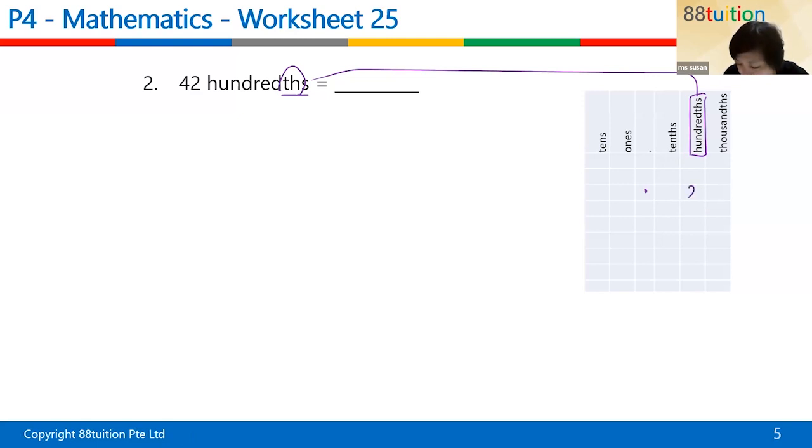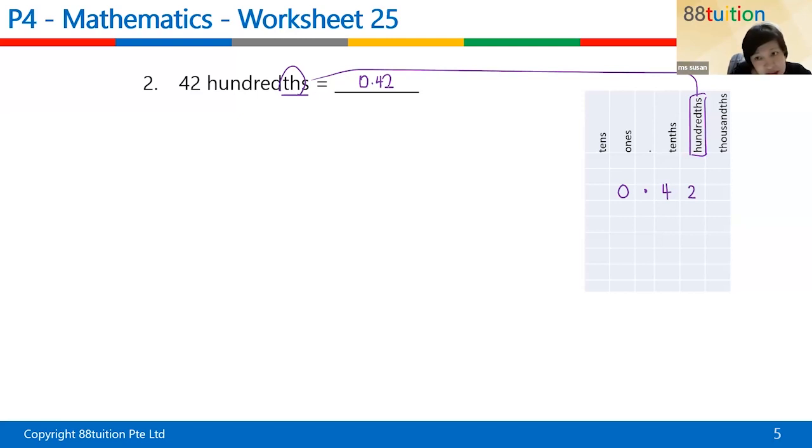So when you put a 2 here, you must regroup your 4 into the next place value. Then this becomes 0.42. Chloe, you understand what I'm saying? You cannot put 2 digits inside. Don't put 2 digits inside. Regroup it.